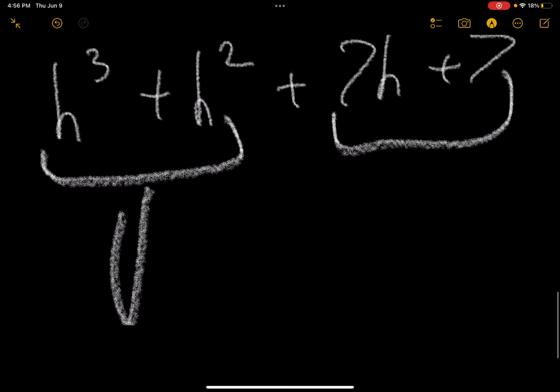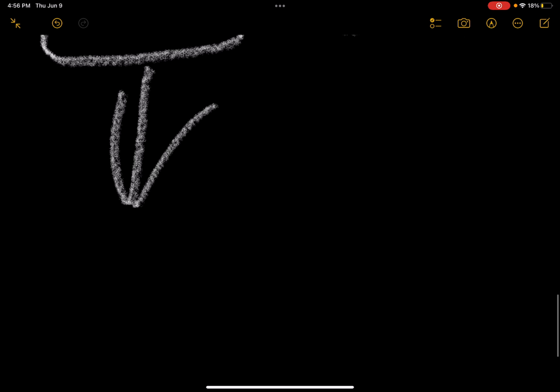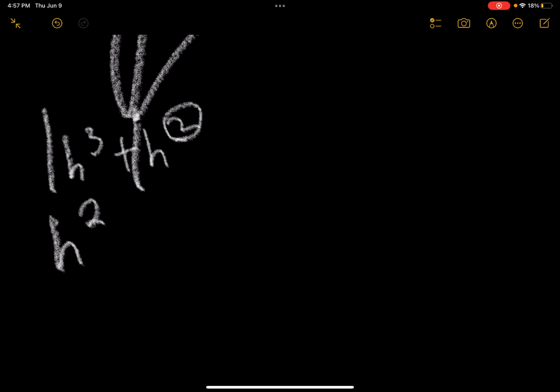Knowing that we have h to the third plus h to the second, we have an h, right? Only h, because the second can have 1, right? So we only have the greatest common exponent with the same base, which is actually h for this case.